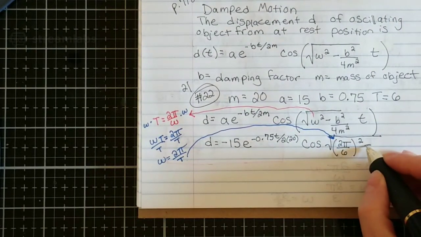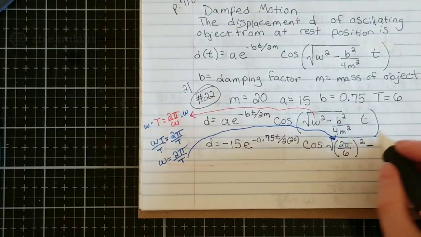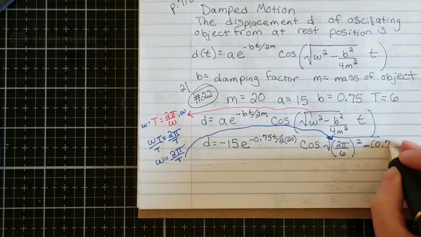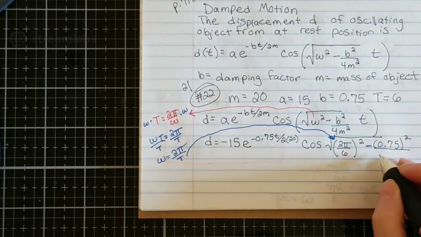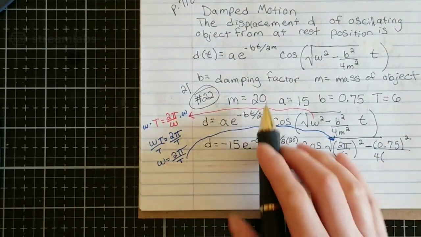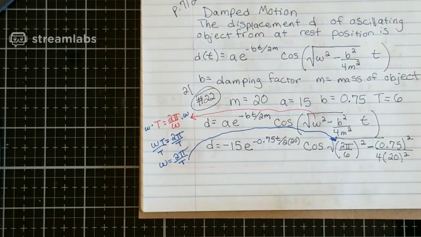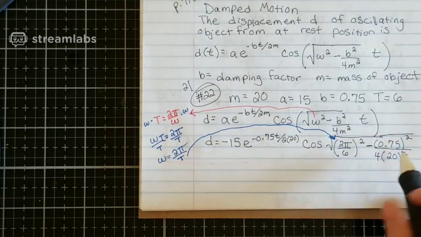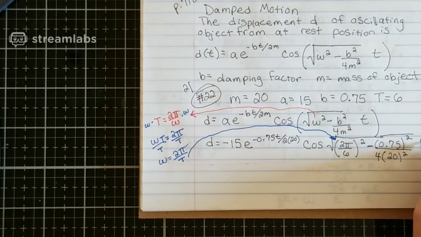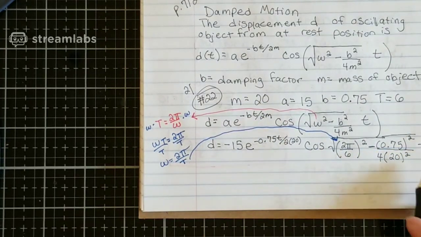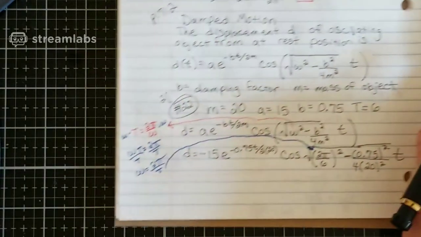Okay, minus b squared is that, so 0.75 squared divided by 4, and m was 20 squared. Okay, all of that was under the square root, but this little t is not, it just stays a t on the outside. It's kind of like our unknown x. We'll leave that in the calculator when we go to graph this thing, okay?